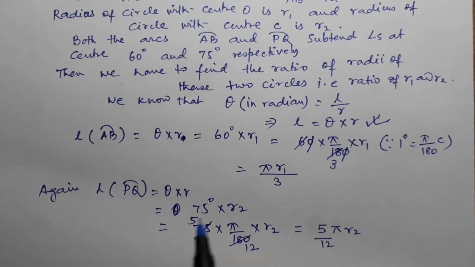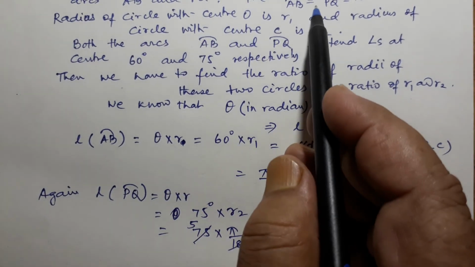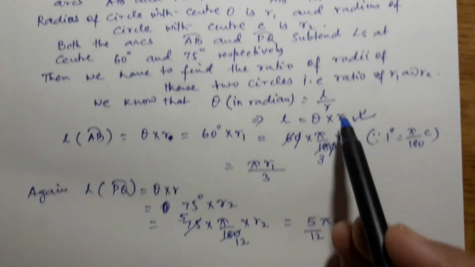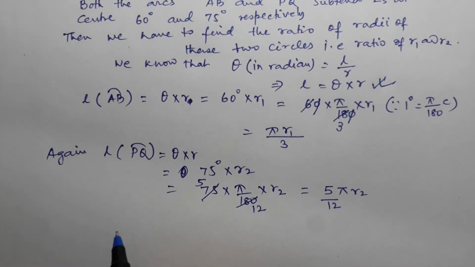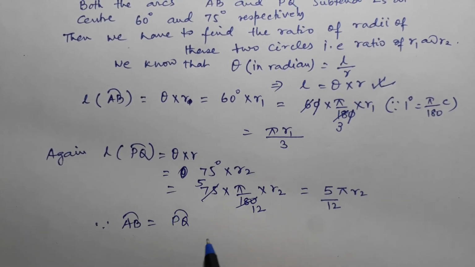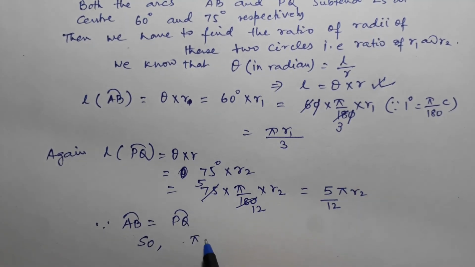Okay, as we know here that AB is equal to PQ, both lengths are equal. So we shall write, since arc AB is equal to arc PQ, pi R1 by 3 will be equal to 5 pi R2 by 12.